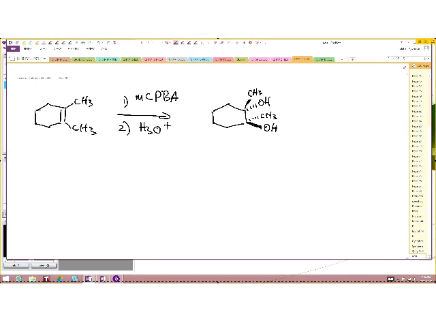Okay, so what I've done so far, I've shown you how to make alcohols from alkenes. Now let us take a look at how we make alcohols from carbonyl compounds.